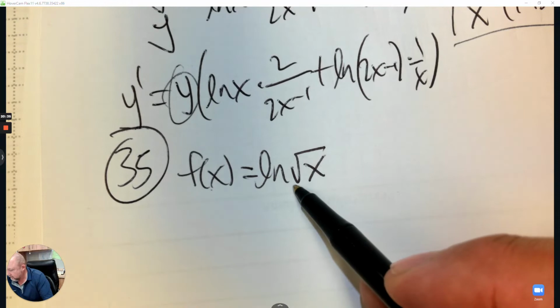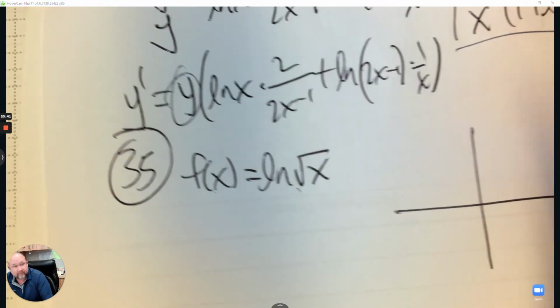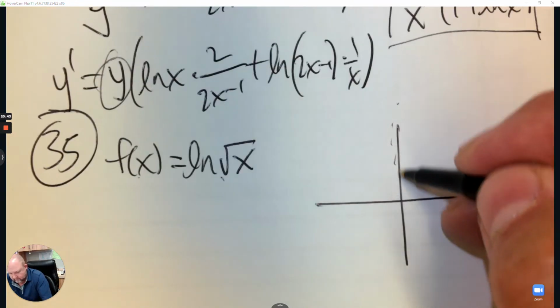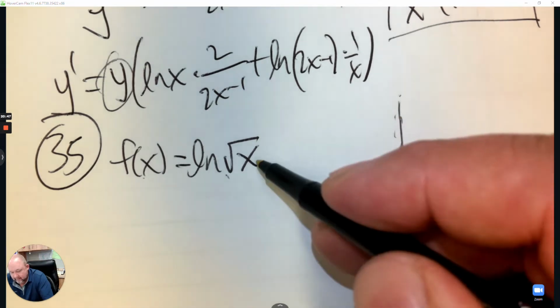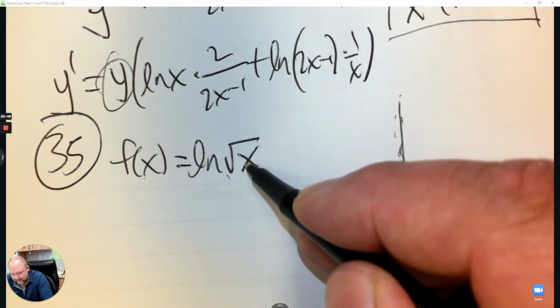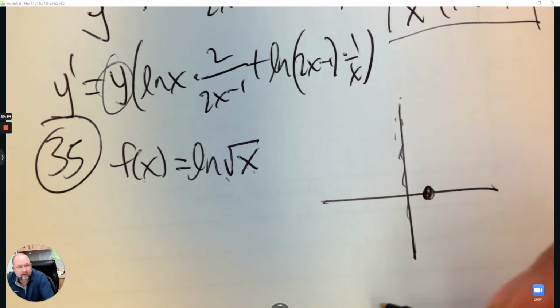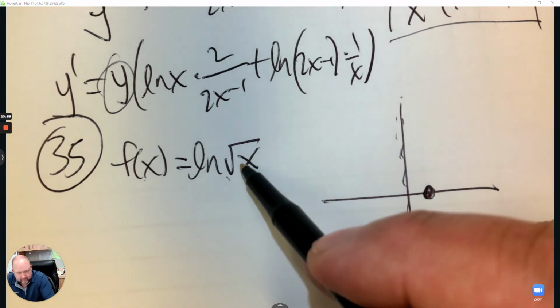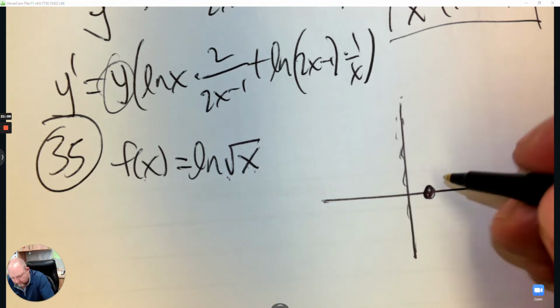So f of x equals ln of the square root of x. Sketch the graph without using a calculator. That's not very nice. Well, I know 0 is no good, and any negative numbers is no good. If I plug in 1, the square root of 1 is 1, so 1 does give me 0. If I plug in 4, ultimately it's going to look the same.